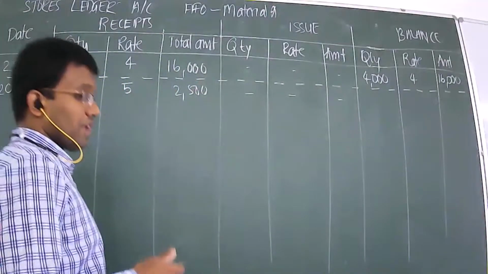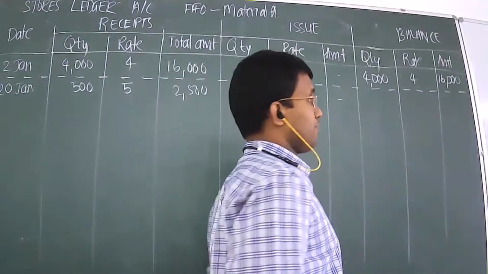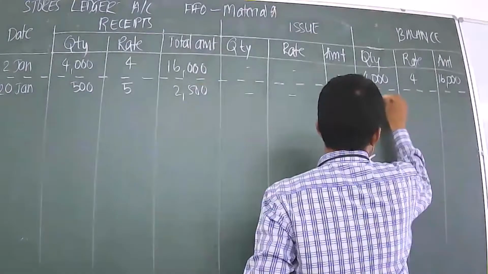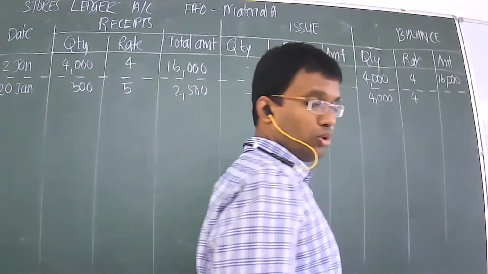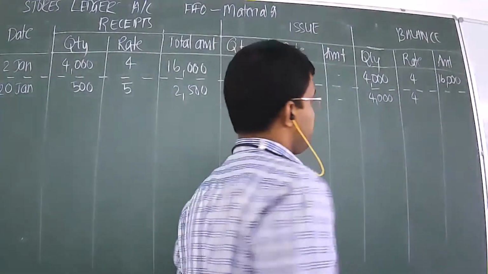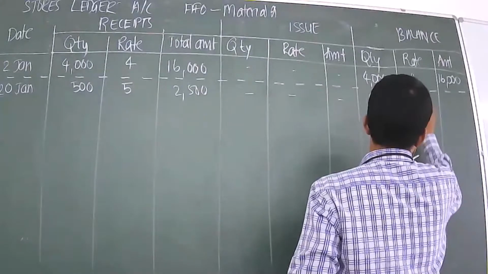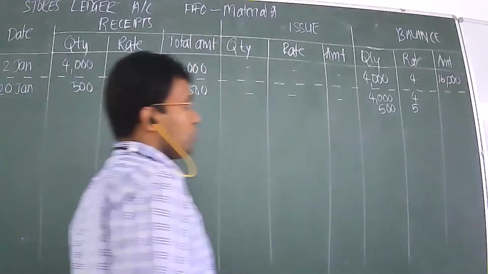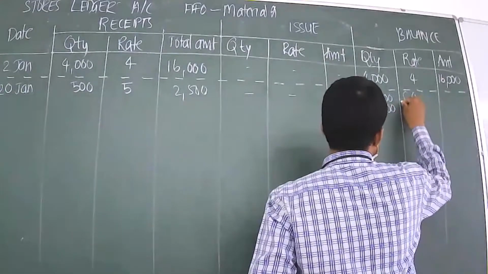Now, while recording the balance, there's something very important that you have to remember. You had bought 4,000 units at 4 rupees. Then you bought another 500 units at 5 rupees. In your store ledger account, you have to maintain them separately.